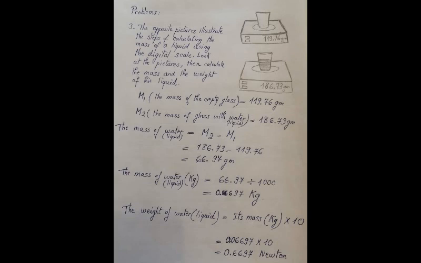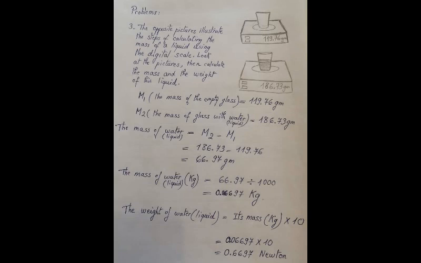The mass of the liquid equal M2 minus M1 equal 186.73 minus 119.76 equal 66.97 gram.